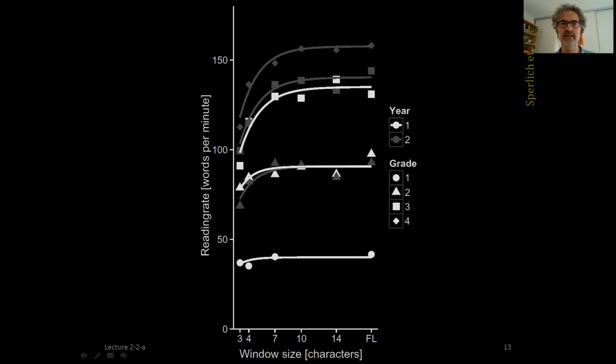And when that information is not displayed, then they are necessarily slowed down very much. And this is also seen with fourth graders even more abruptly. So as reading skill improves, readers can take in more and more letters simultaneously, but this has a limit, and this is the limit of human visual acuity, which cannot extend beyond 15 letters or so.